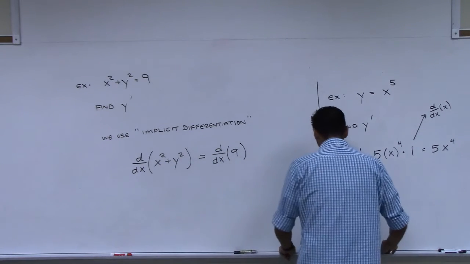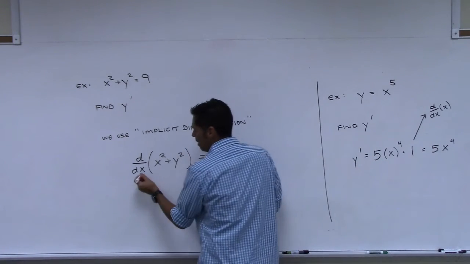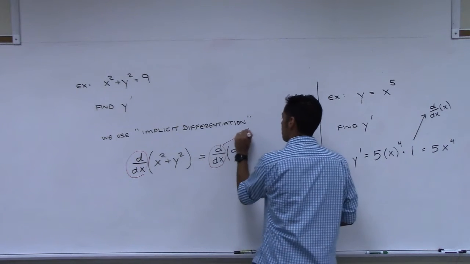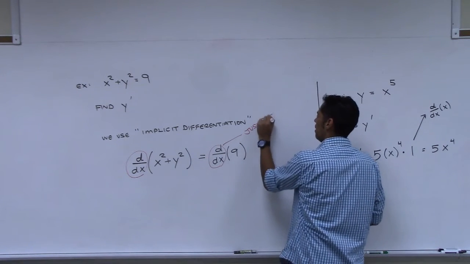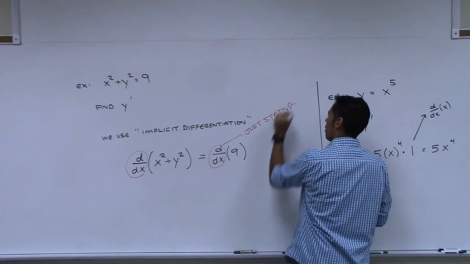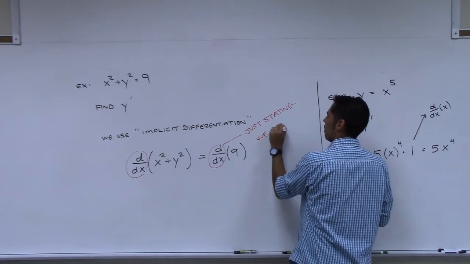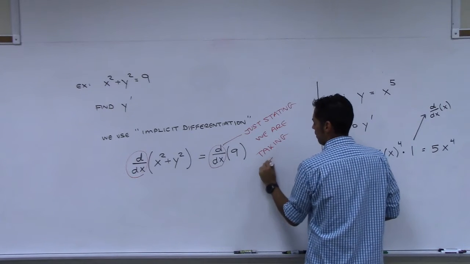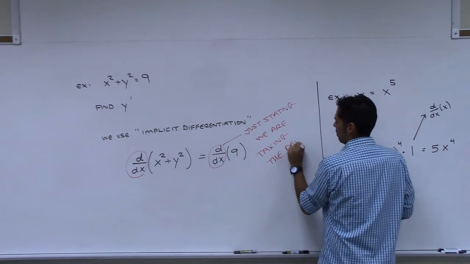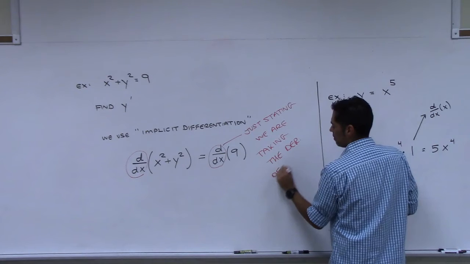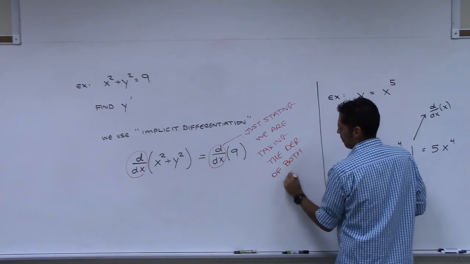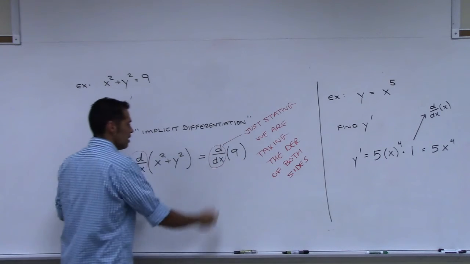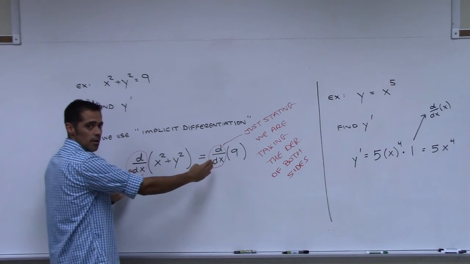So please note that this right here and this right here is just stating we are taking the derivative of both sides. All right, so that's just me saying, hey, look, I'm about to take the derivative of both sides. Here we go. You ready?